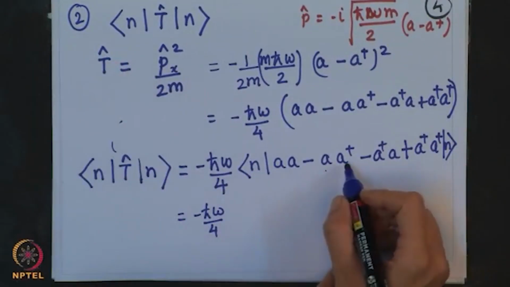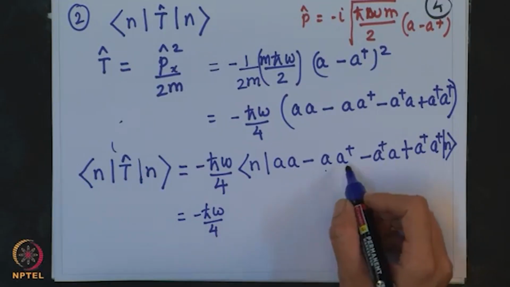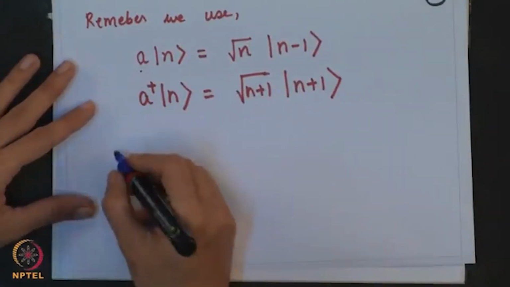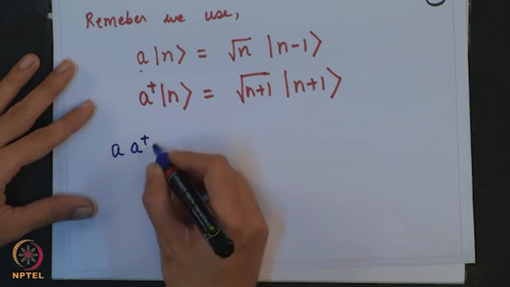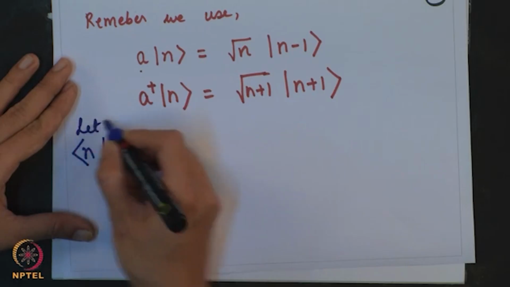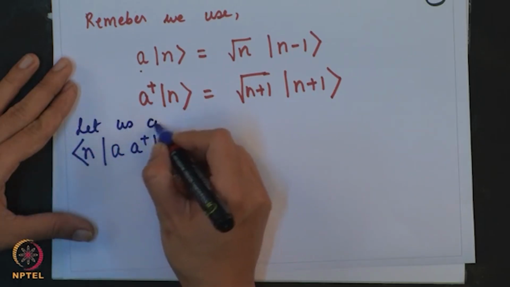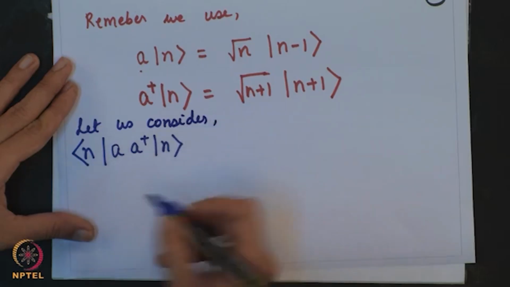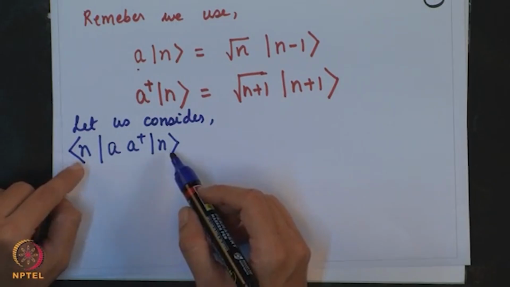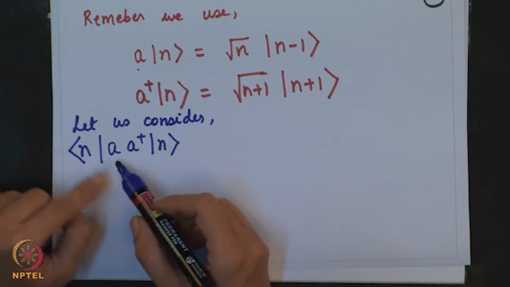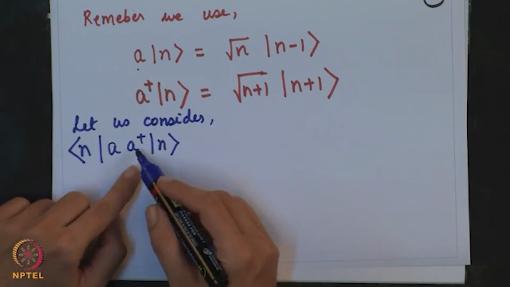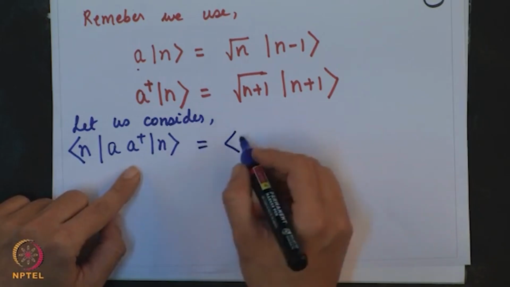So, when I use A dagger, let me do it separately so that you understand it better. When I have A dagger on n, let us evaluate. Consider n, where n is the matrix dimension, and A dagger is the operator which we have to evaluate. When A dagger is operated on n, what do I obtain?